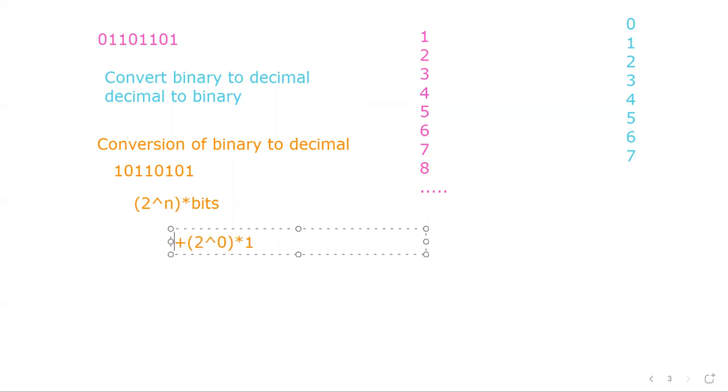Then add 2 to the power 1 into the last second bit, 0. Then 2 to the power 2 into the last third bit, 1.